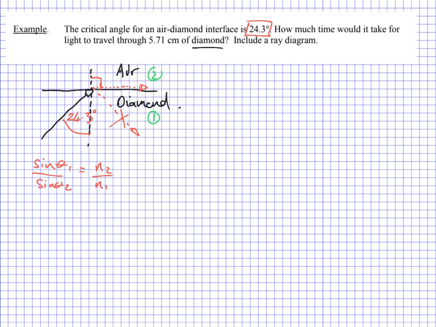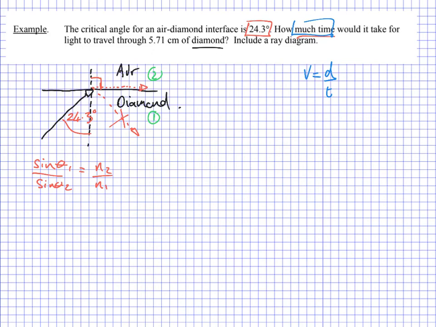And since we're interested in how much time it would take, we should probably think ahead and figure out which bit of Snell's law we want to use. If we're trying to figure out how much time, then hopefully you can see we're obviously going to be using our old friend v equals d over t.